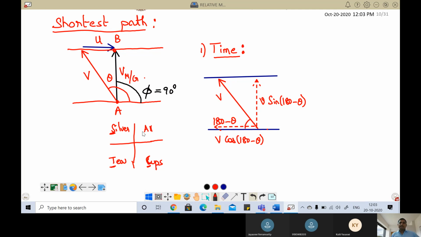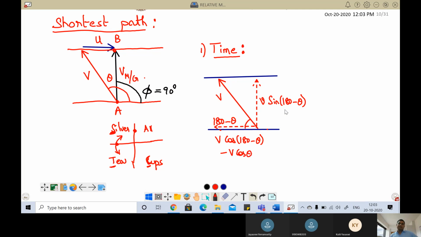Now here 180 minus theta, this is 90, this is 180. So here only sine and cosecant are positive, therefore this is cos. So cos of 180 minus theta is minus cos theta, that means minus v cos theta.